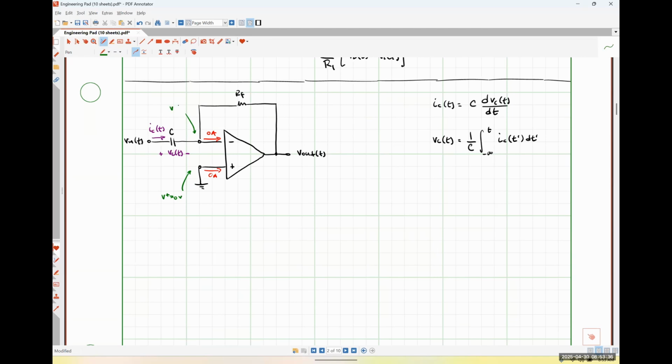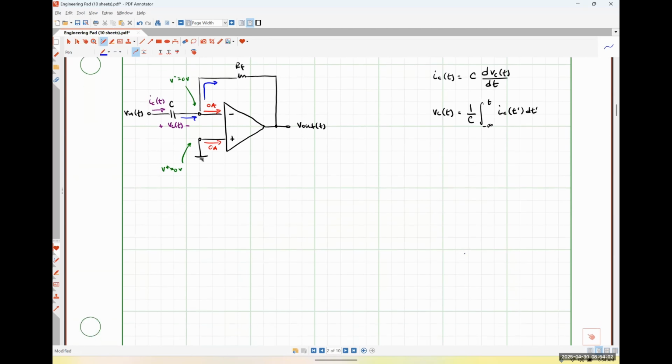And the voltage at the inverting input node is also 0 volts. And I'm going to do my KCL slightly differently here. I'm going to say that this current flowing in needs to equal this current flowing out. Okay. So it's still KCL. I'm just getting the signs in a way that I want them.